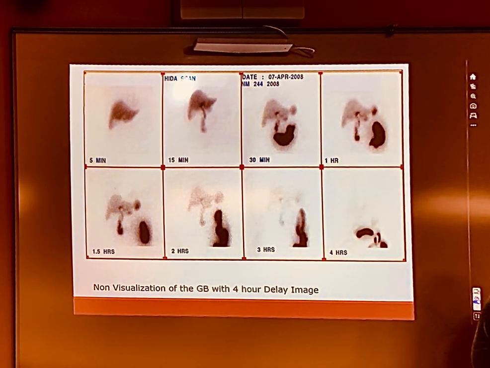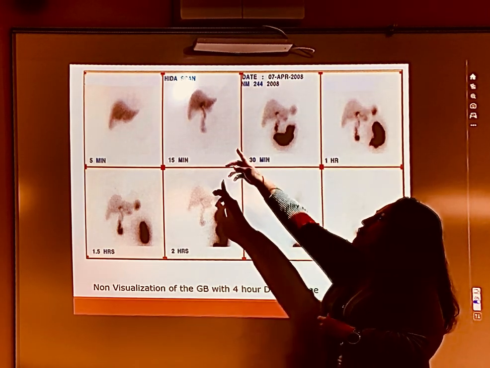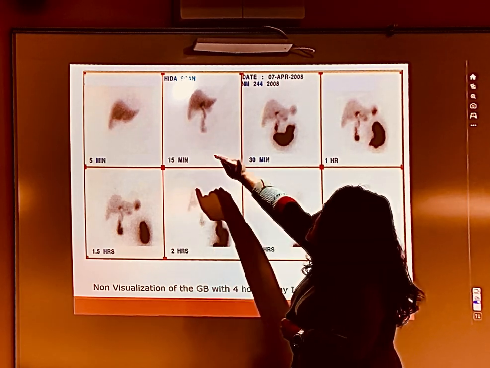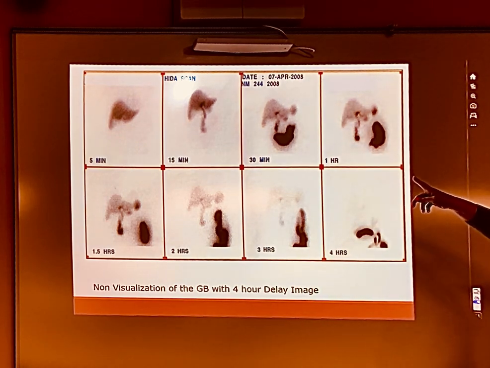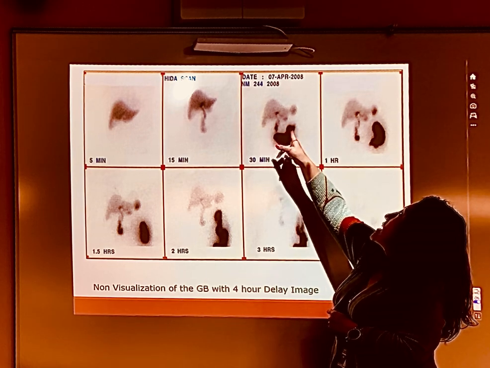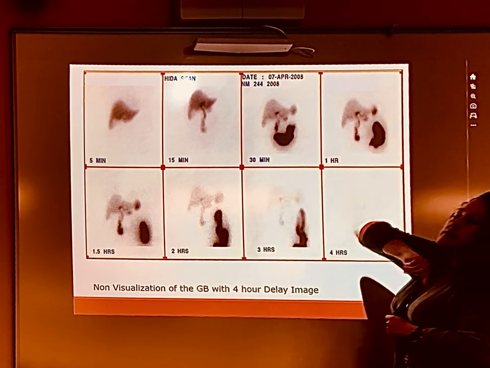Okay? What it does do when you have an obstruction is reflux from the common bile duct around the pancreatic duct and can go back up to the stomach. Because once it's in the duodenum, see, you've got duodenal activity and a lot of bowel. Here you don't have a whole lot of duodenal activity, but look how hot the stomach is.